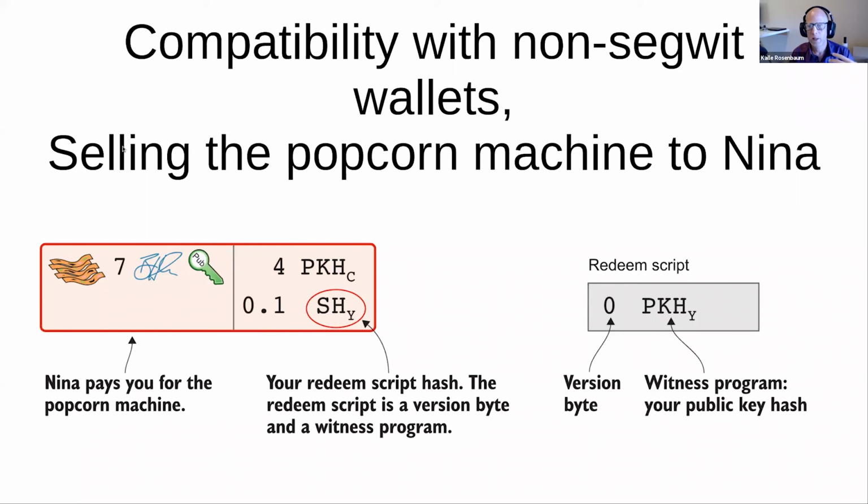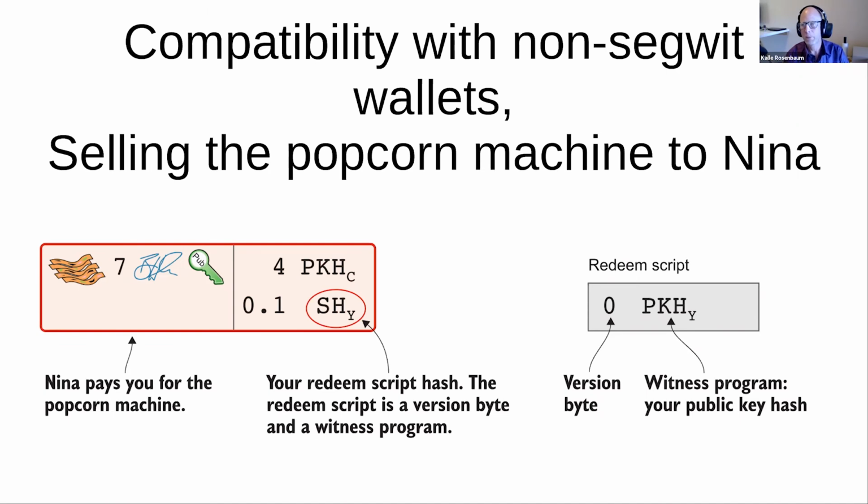So suppose that you want to sell your popcorn machine to Nina, and Nina doesn't have a SegWit enabled wallet, so you can't give her a SegWit address.